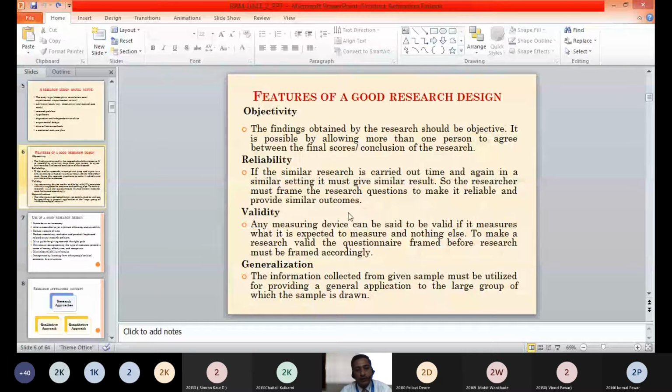It should be valid, meaning it should measure whatever it is expected to measure. And generalization, meaning the findings should be generalized to the entire population or a large group of people.